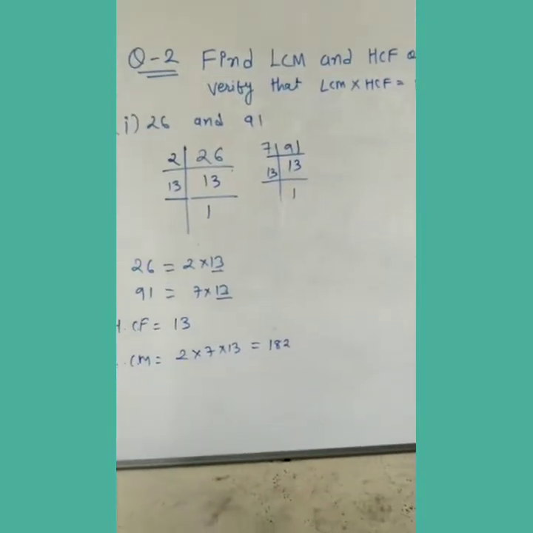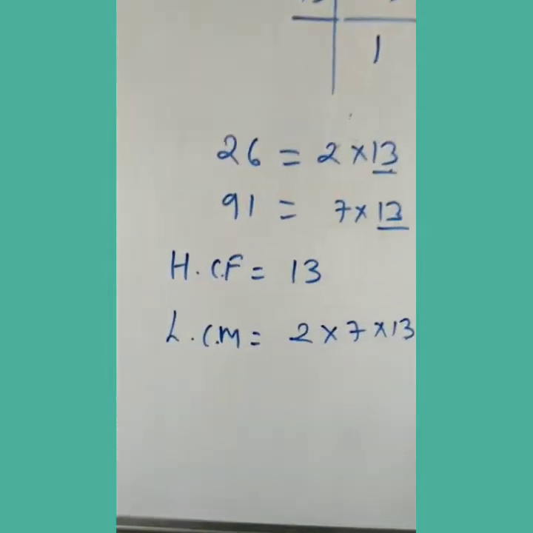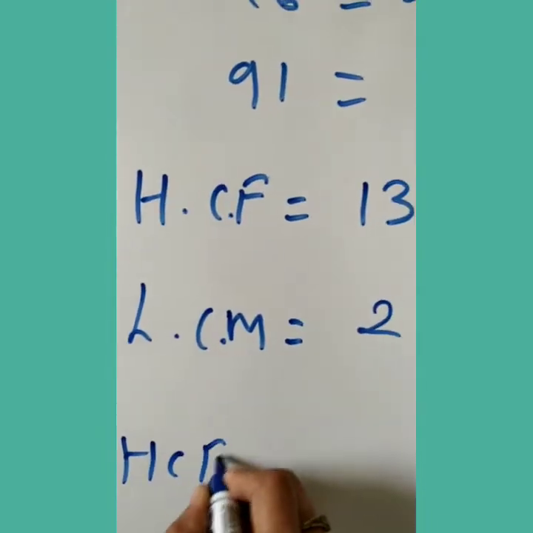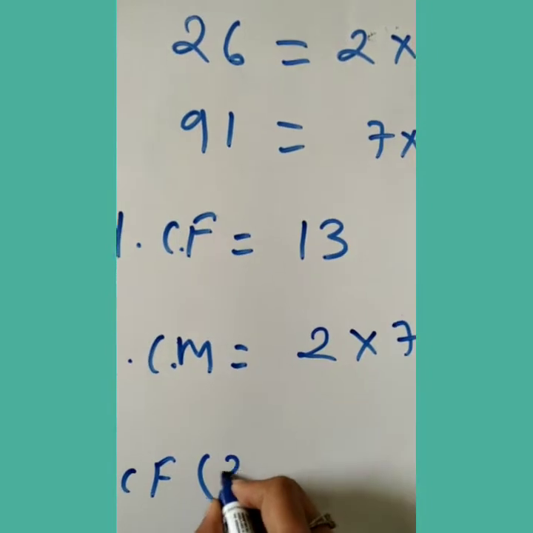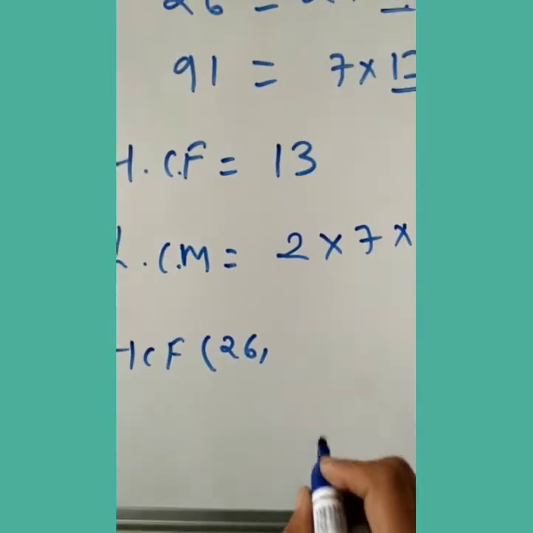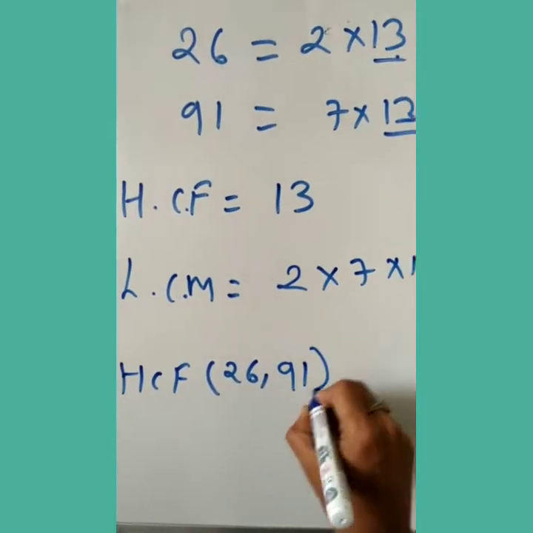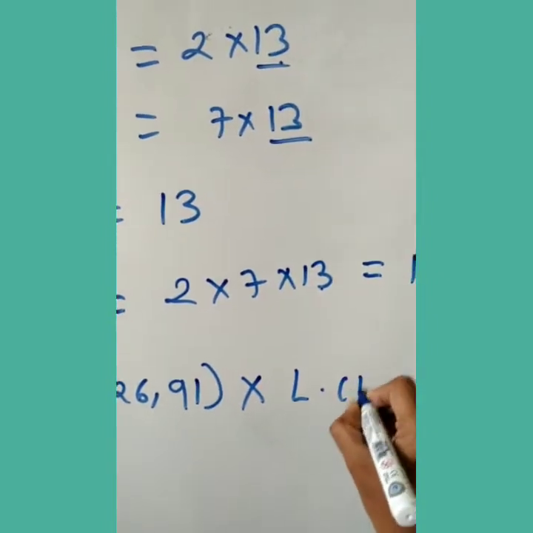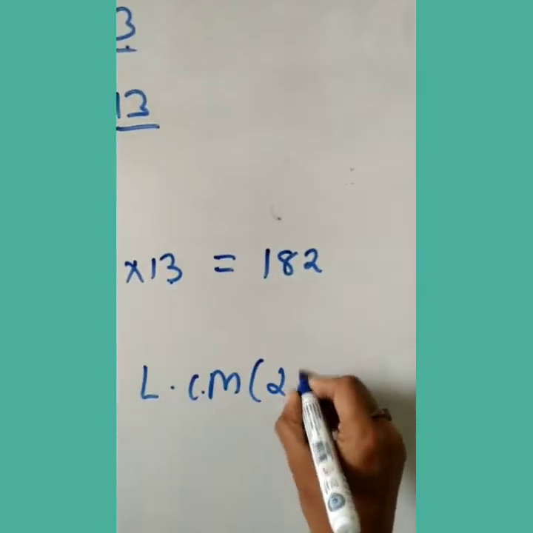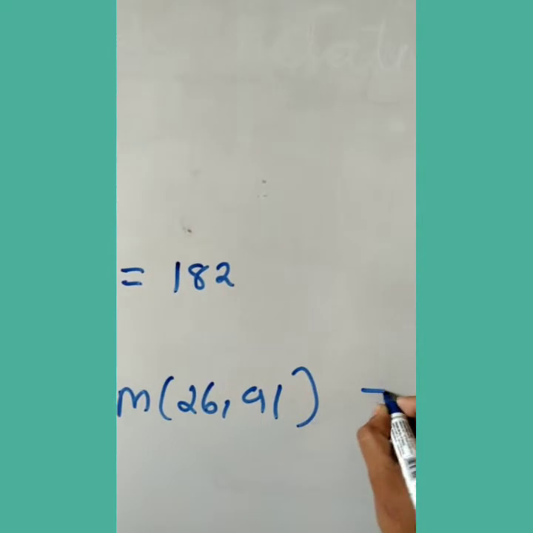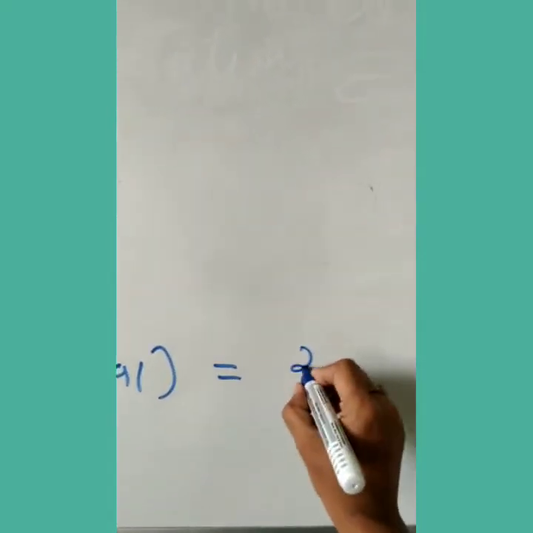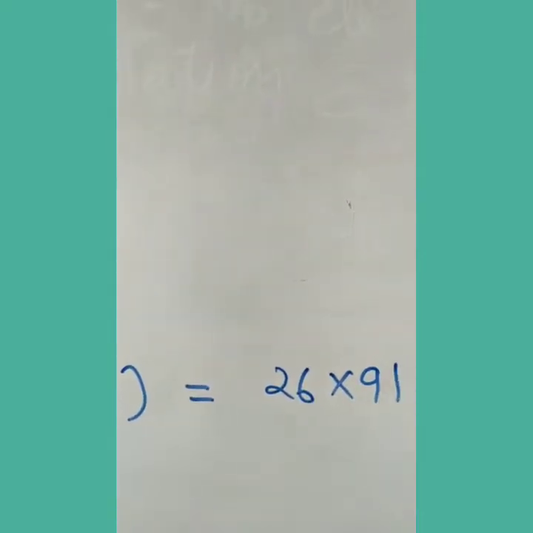Now we have to verify. Our equation is HCF of 26 comma 91 into LCM of 26 comma 91 will be equal to 26 into 91.